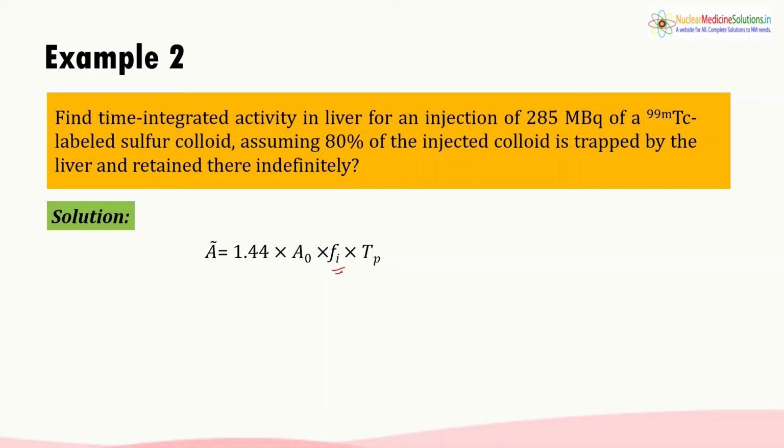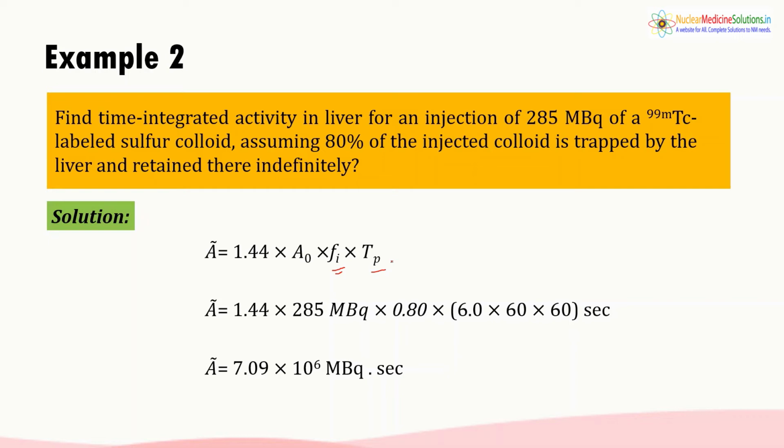F1 is the fraction of uptake by the organ in question. So 80% has been taken up by the liver, so F1 will become 0.8, and Tp is the physical half-life of the radioisotope. Therefore the A tilde will become 7.09 into 10 to the power 6 MBq into second.